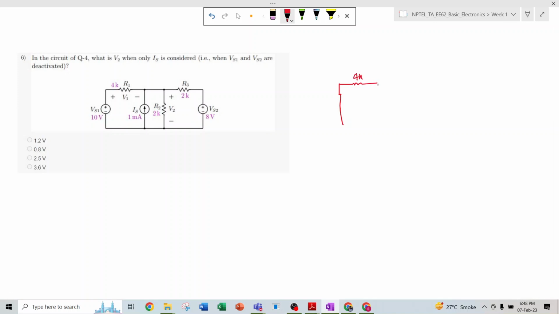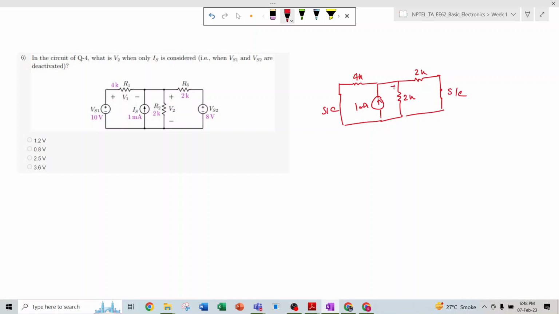Here it will be like 4K. This is 1 milliampere. There is one more resistance, that is 2K. Here we have 2K, and similarly this will be replaced by a short circuit. So this is short circuit and this is short circuit.